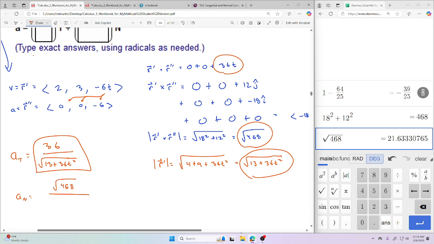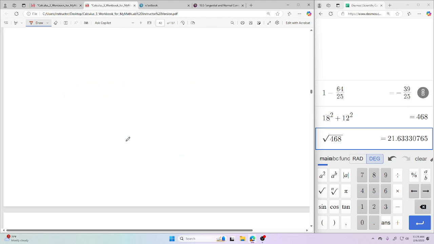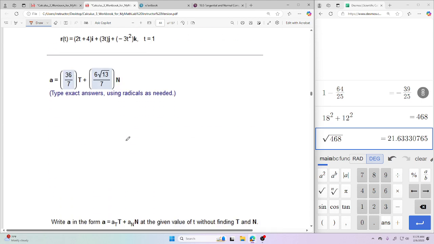And the same with this guy here. They both have a square root, which means I could technically mush them together, but I just don't think it's going to help. So what I'm going to do is flash the answer real fast.